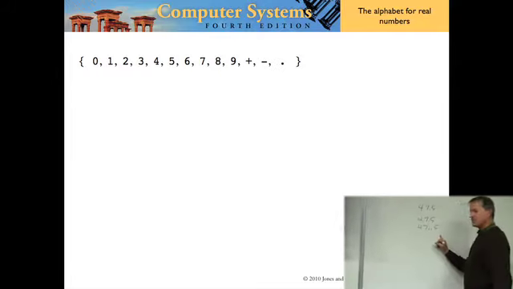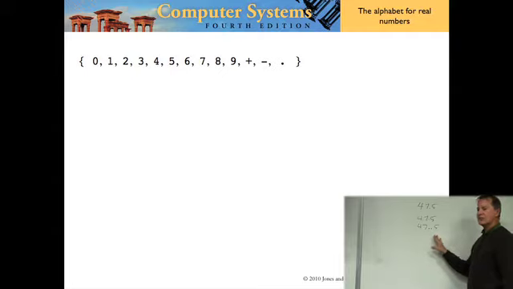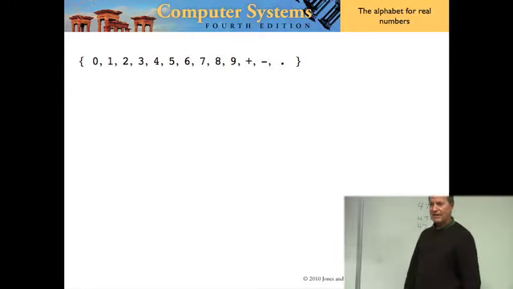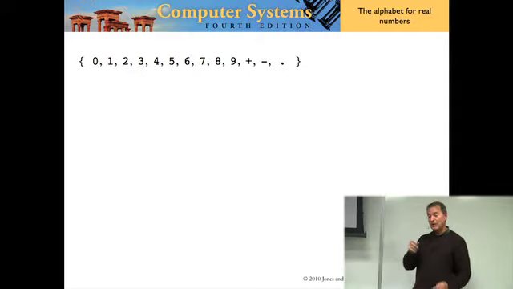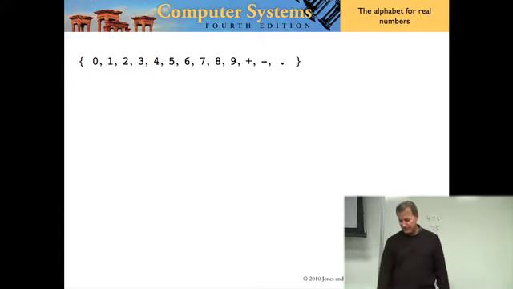Not all concatenations of characters from the alphabet are valid sentences in the language. And what you want to happen is, whenever you write a C++ program, you want your string of characters to be a valid sentence in the C++ language.